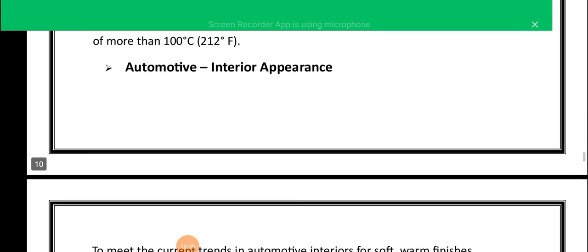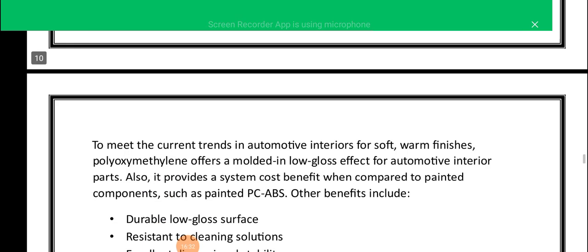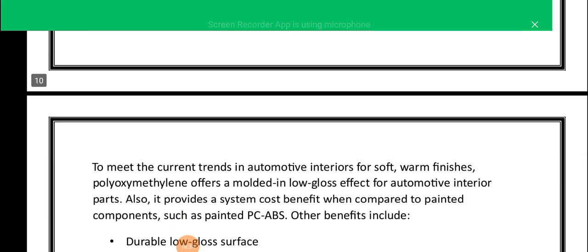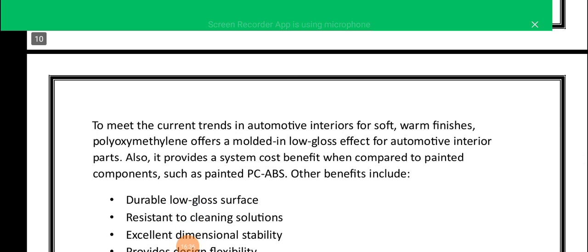Next, we study the automotive interior appearances. To meet the current trends in automotive interiors for soft, warm finishes, polyoxymethylene offers a molded-in low gloss effect for automotive interior parts.